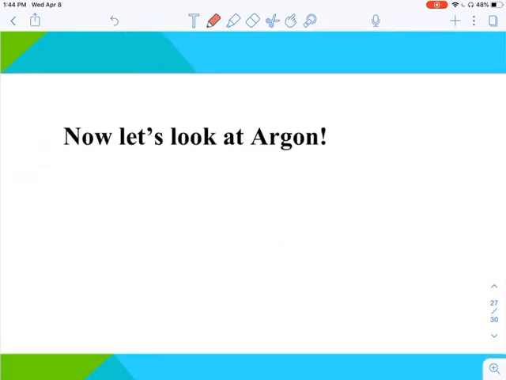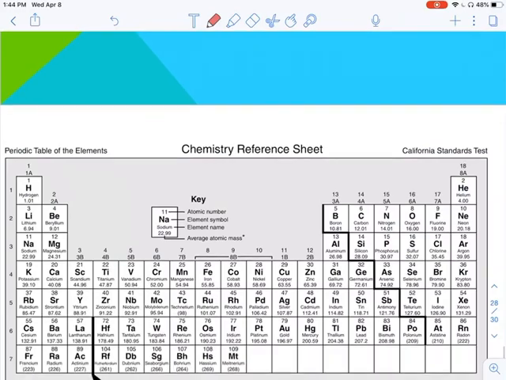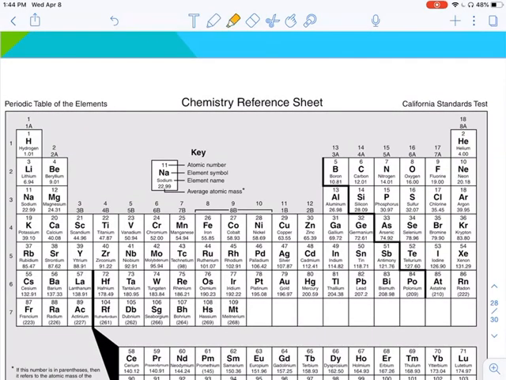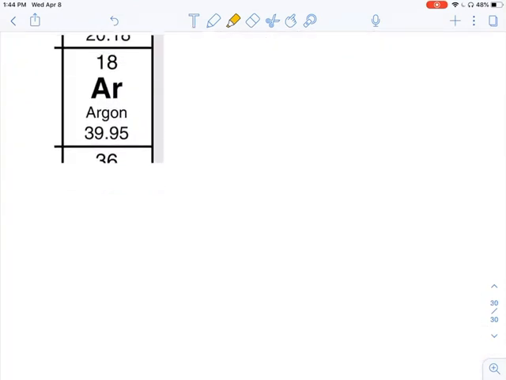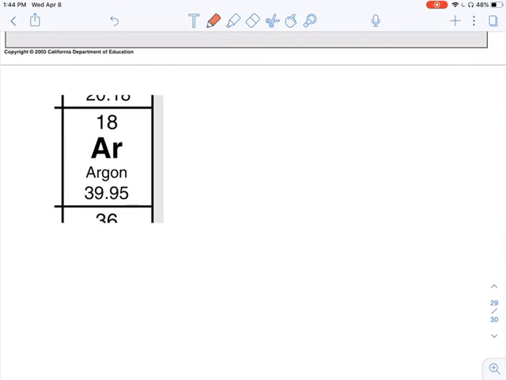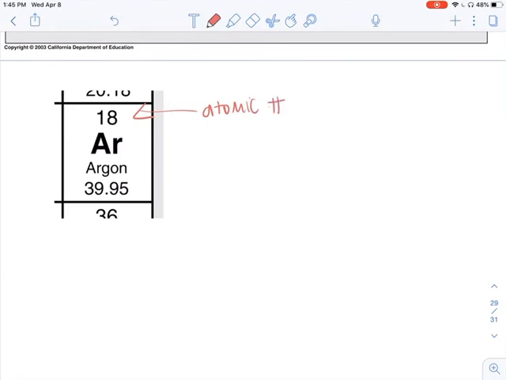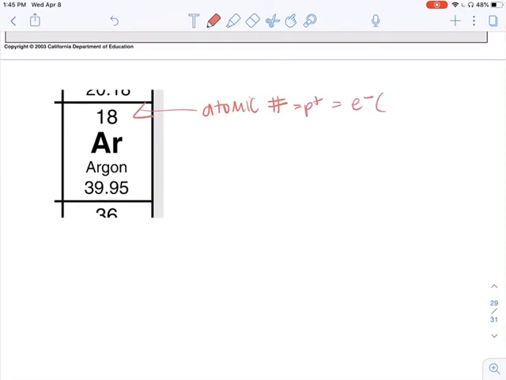Now let's look at argon. Answer these questions for a check for understanding. First, I find argon on the periodic table of elements. It is right here. And I can look at the information from here. This, of course, is my atomic number, which is equal to my number of protons, which is equal to my number of electrons, because it is neutral.